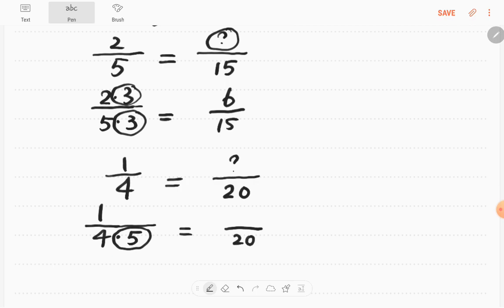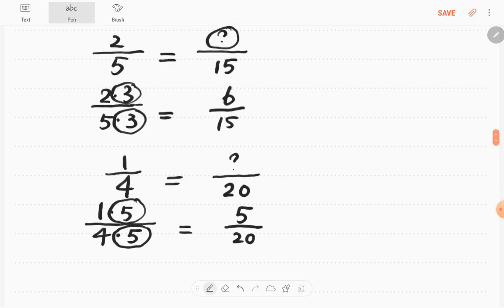But we do the same action to the numerator, so we also need to times 5. So 1 times 5, we will get 5. So 5 over 20 is our answer. So 1 over 4 is equal to 5 over 20. These two fractions are equivalent.